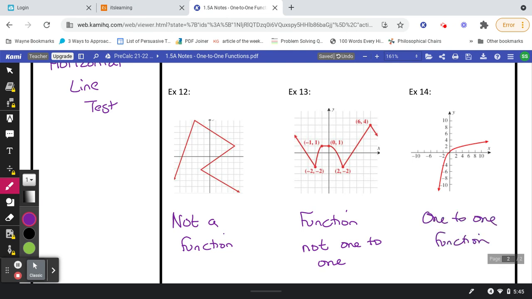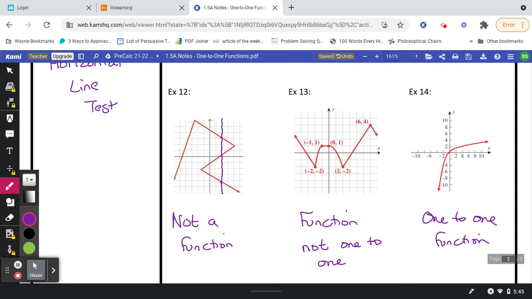All right, so number 12 is not a function. If you draw a vertical line right here, that was a very crooked vertical line. Let me try that again. If you draw a vertical line right here, you can see that it crosses the graph more than one time. So it's not a function.